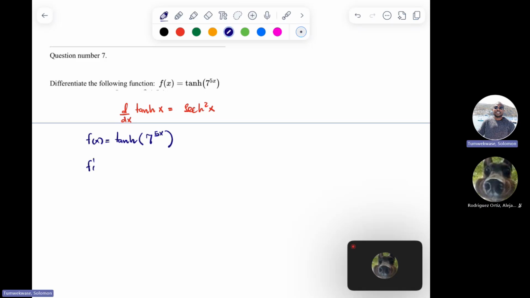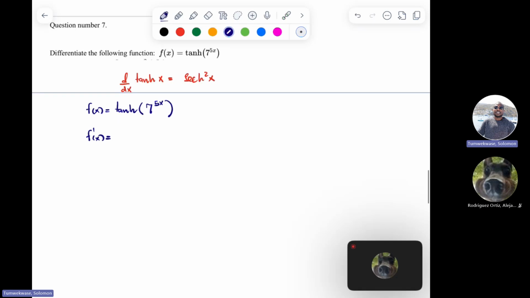So the derivative of this is, by chain rule, the derivative of tan hyperbolic, which is sec hyperbolic squared. We keep the angle the way it is, right? Then times the derivative of this angle. I hope we remember how to differentiate that from our previous discussion.